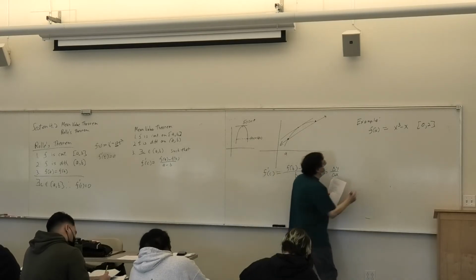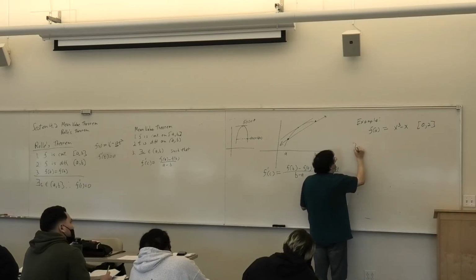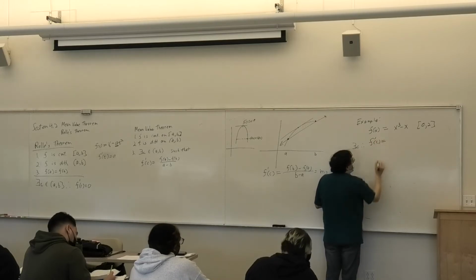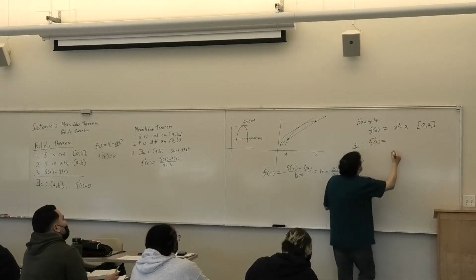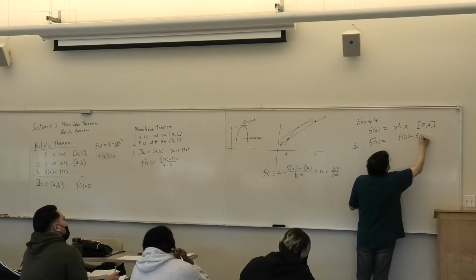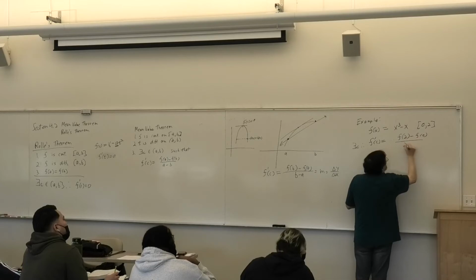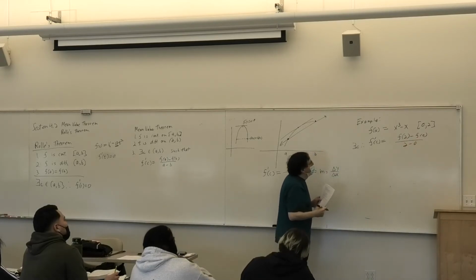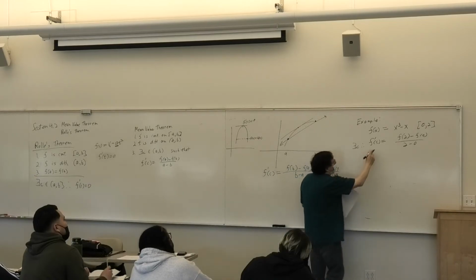So there should exist a c such that f prime of c equals f of 2 minus f of 0 over 2 minus 0. So we just have to figure out what c is from this.